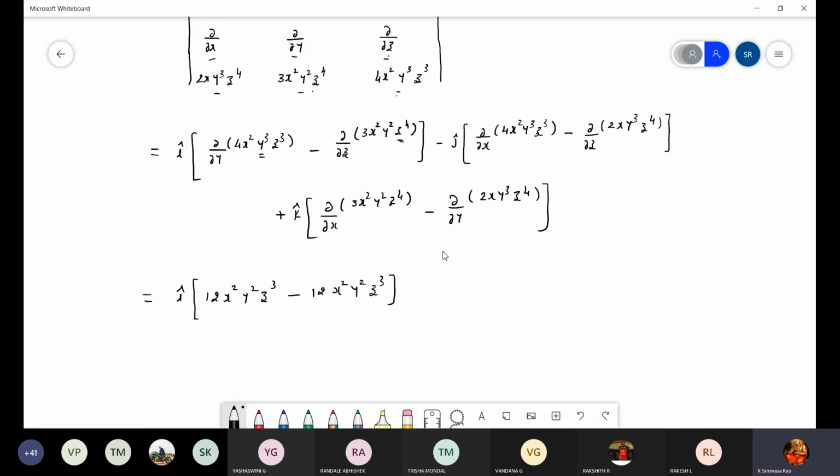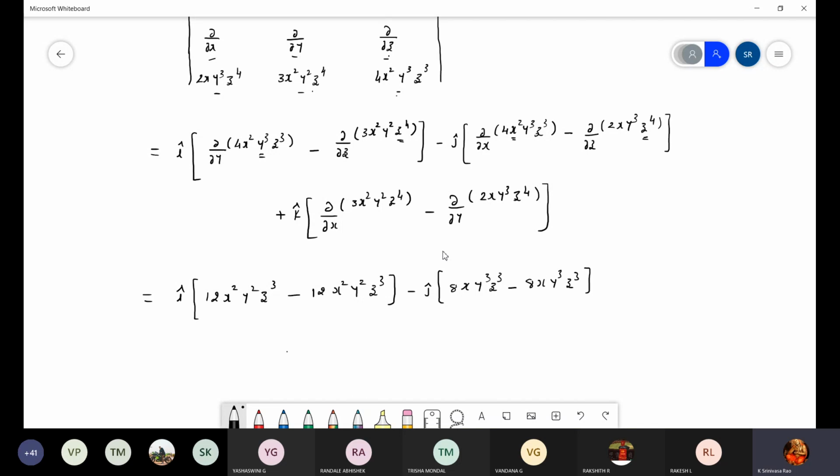This is the first one. Minus j into, with respect to x. X square differentiation is 2x. So 2 4s are 8 x y cube z cube, minus with respect to z. You have to differentiate only z power 4. That is 4z cube. 4 2s are 8 x y cube z cube. Okay.